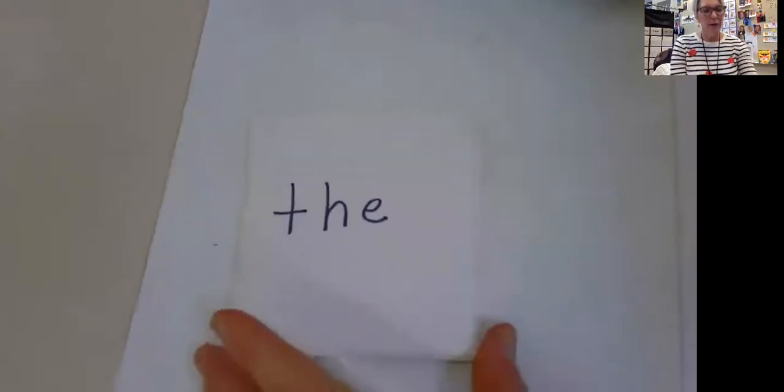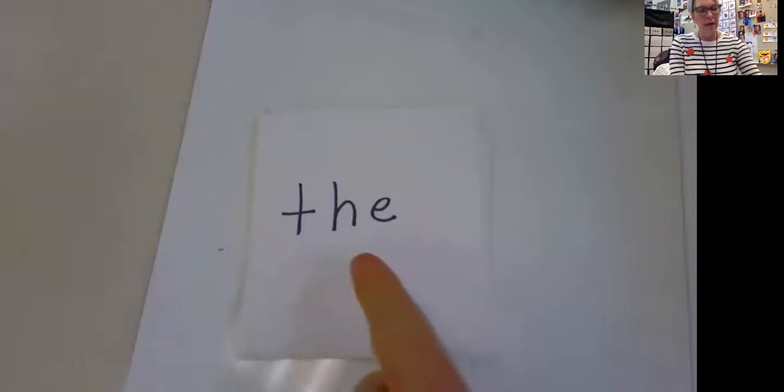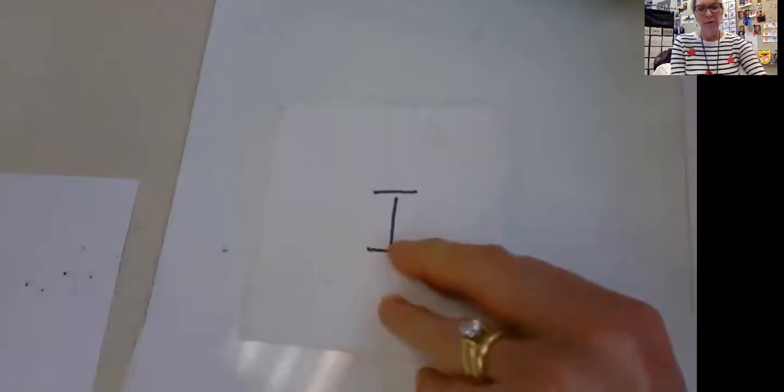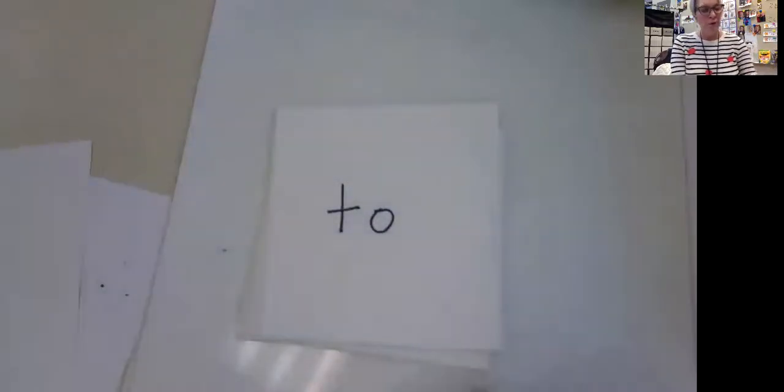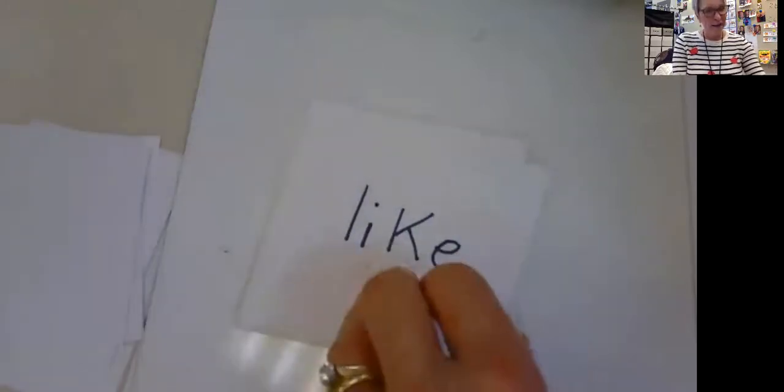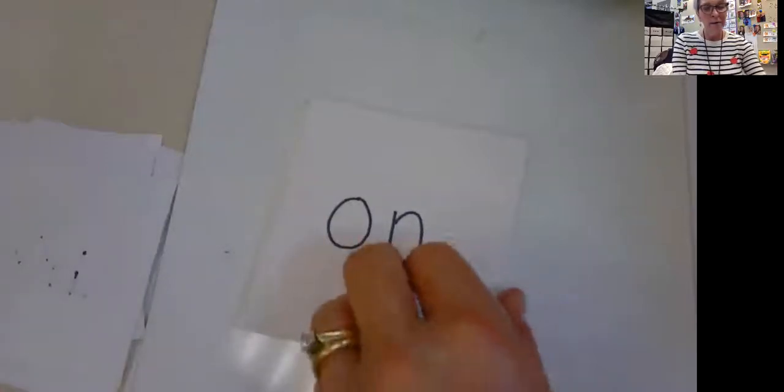So let's try this. These are words that you're going to get to know. Some of you already know all of them. THE, the. I. You can use these in a sentence. TO, to. A. IS, is. MY, my. GO, go. ME, me. LIKE, like. ON, on.